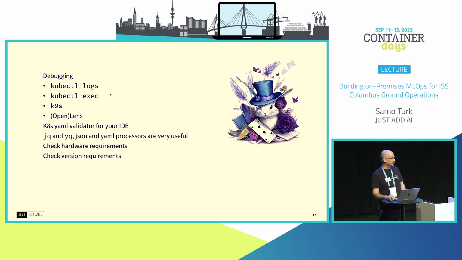And yeah, do check hardware requirements of the software you want to run, because, well, I mentioned we had some problems with Milvus refusing to run or crashing on suboptimal hardware. So that's important, and also we had some cases where we deployed some incompatible versions of software.